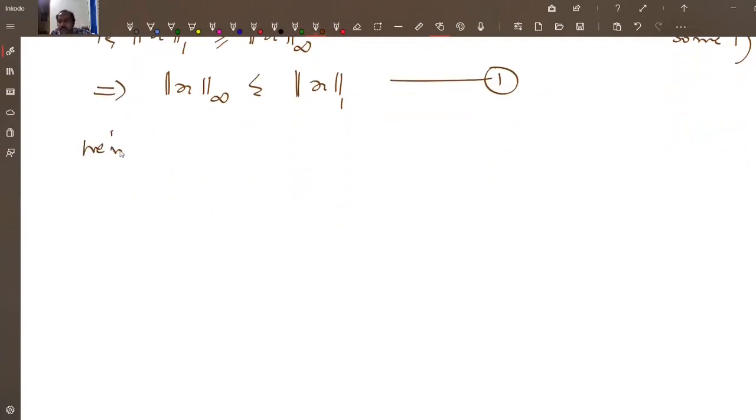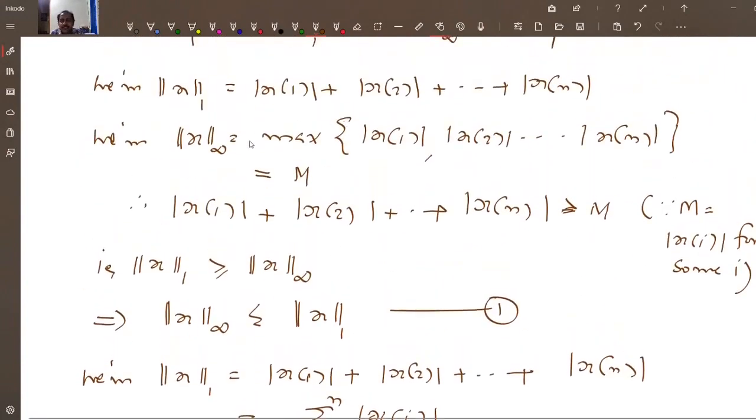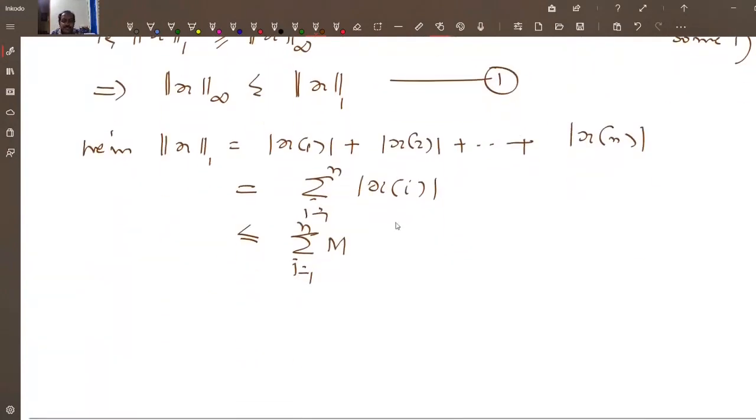Now we have one norm of x is equal to modulus of x of 1 plus modulus of x of 2 plus etc. plus modulus of x of n, that is equal to sigma i equal to 1 to n modulus of x of i, less than or equal to sigma i equal to 1 to n m, where m is the maximum of modulus of x of 1, x of 2, etc., x of n.